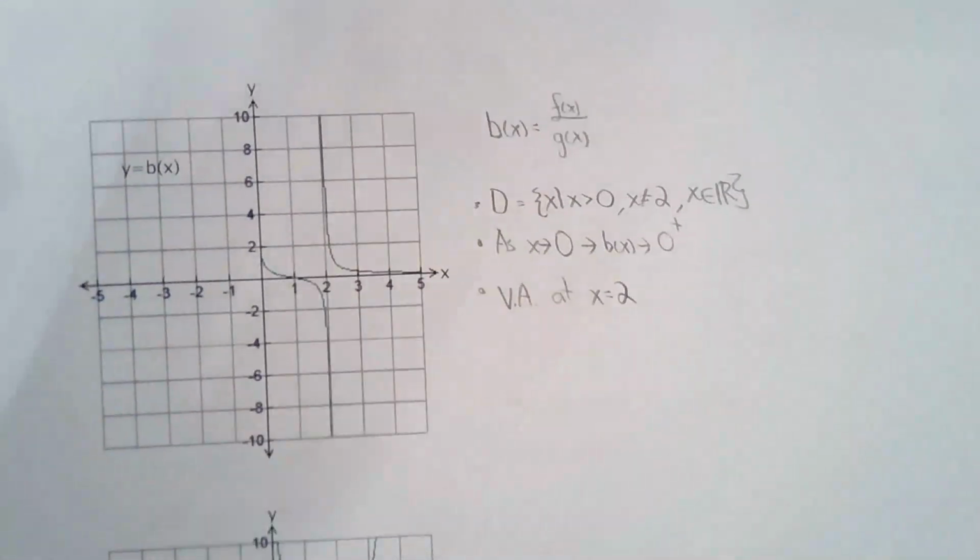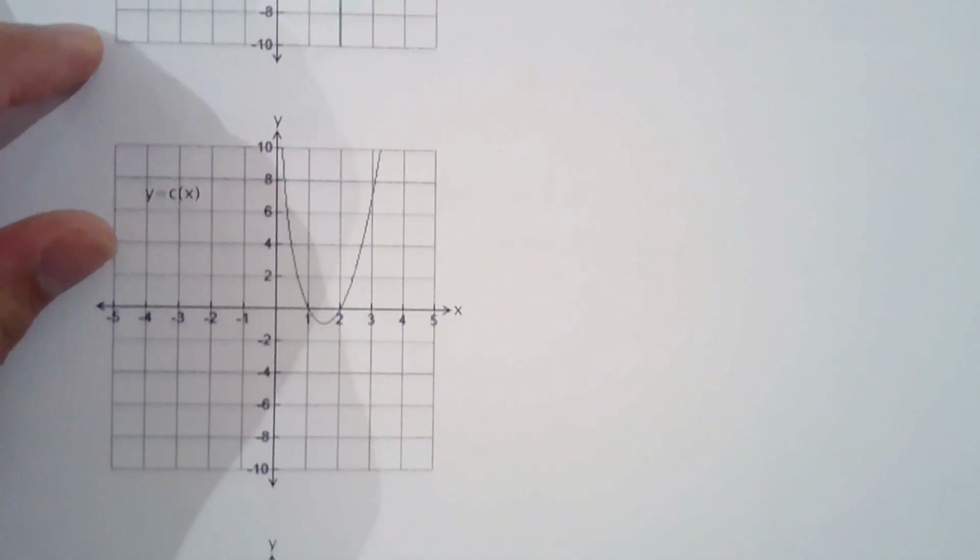All right, so let's look at c of x. So take your time, look at the graph, look at the key properties, and that will help you determine how we combined f and g. So hopefully you say that c of x is f of x times g of x.